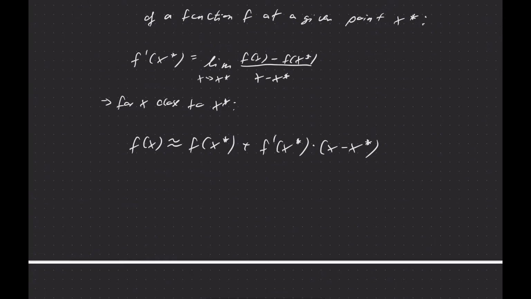And you will remember that is the functional description of a tangent to the graph of f at x star. So basically we could say f of x is equal to that expression plus some error term that becomes smaller as x gets closer to x star. Again, geometrically, what we have here is a tangent.